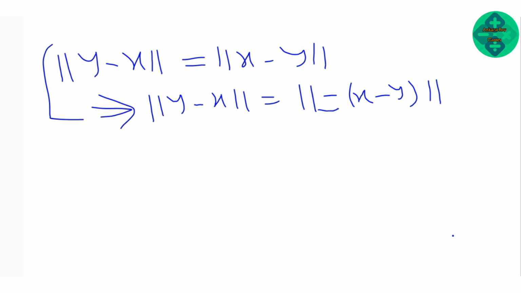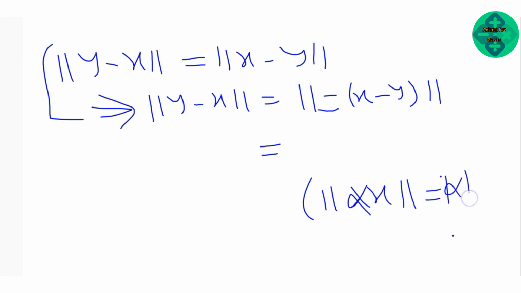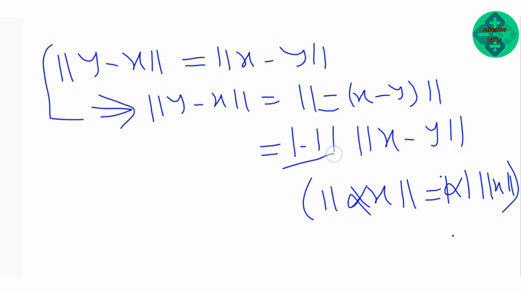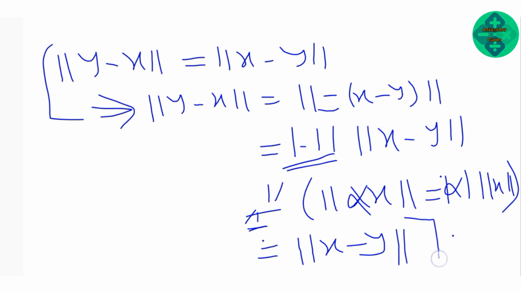In a normed linear space there is a property that norm of alpha x is equal to mod alpha into norm x. Here alpha is minus 1, so mod minus 1 into norm x minus y, and mod minus 1 is equal to 1. Therefore we write it as norm x minus y. This is the reason.